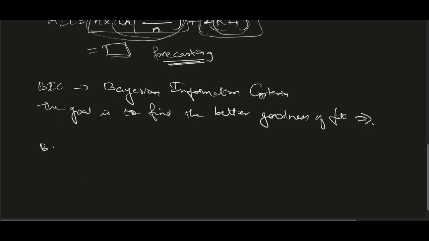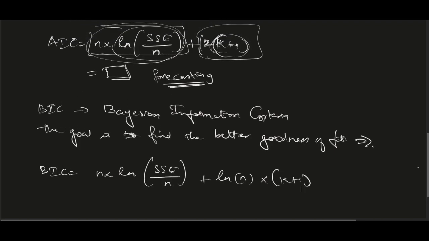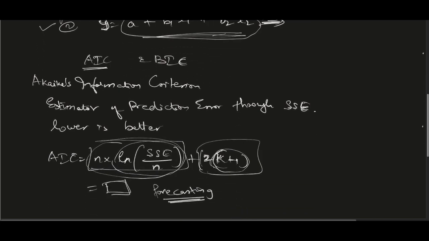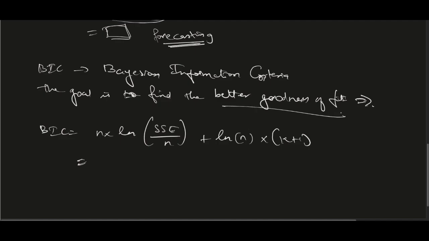For BIC the formula is n into ln of SSE divided by n, plus ln of n, that is log normal of n, into k plus 1. Now here also you will find out the BIC for the first model and the BIC for the second model, and then whichever is lower, you will select that one for the better goodness of fit.